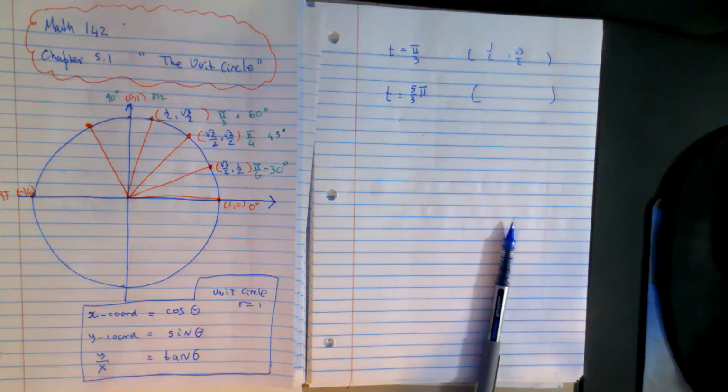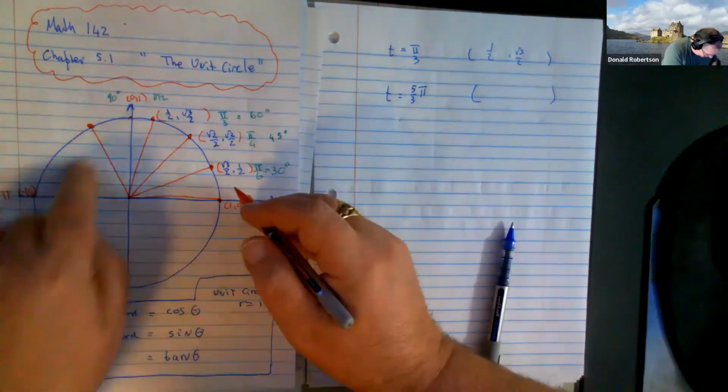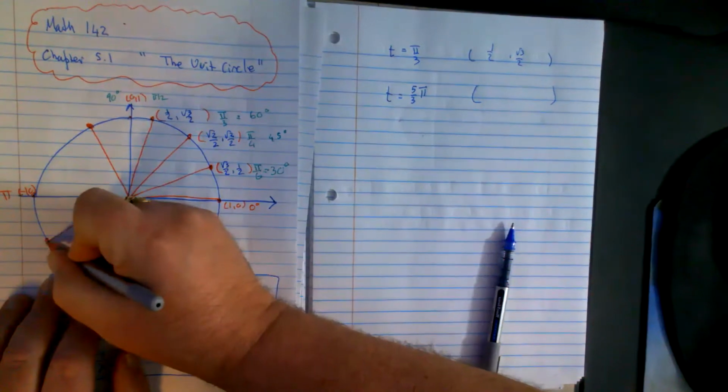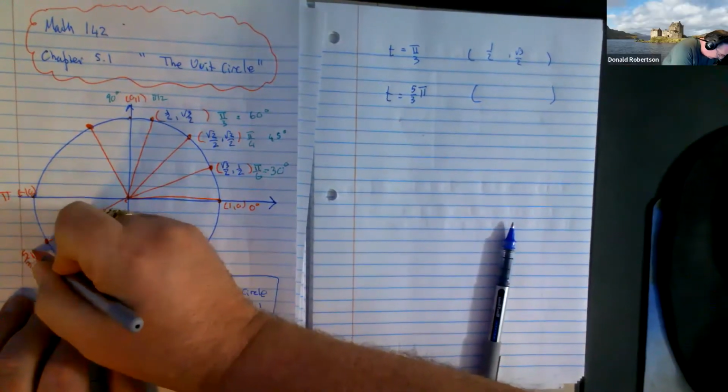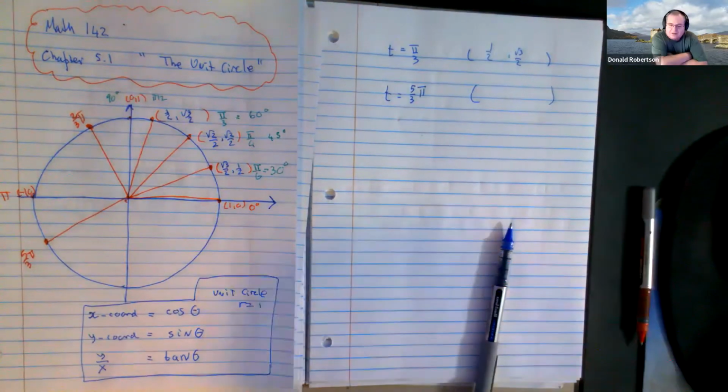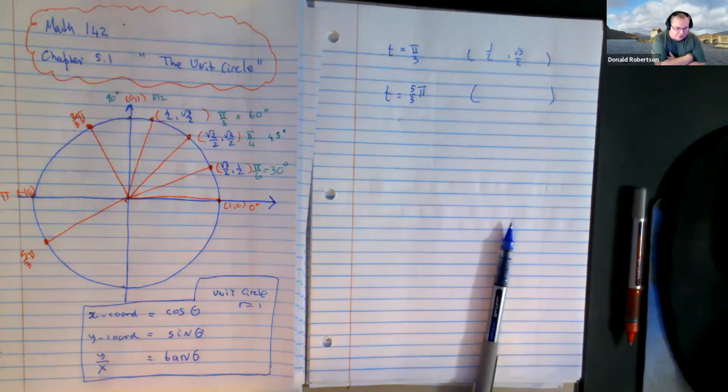I hope so. That's 2 pi/3. Oh, thank you. 5 pi/3. That one would be an answer, but only for 2 pi/3. Right. If you've got your unit circle handy, you should be able to tell me what that guy is.